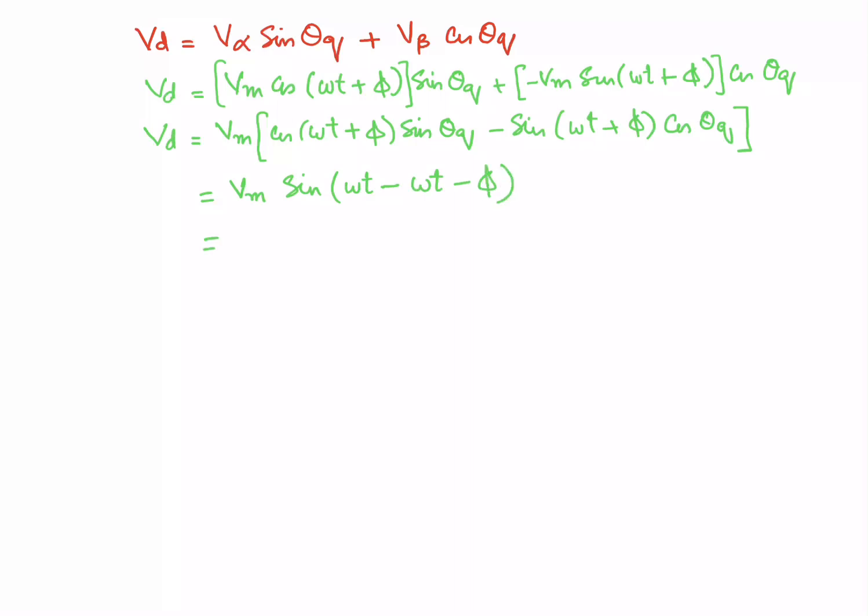So this can be written as Vm into sine of minus phi, and finally we can write that this d component will be equal to minus Vm into sine of phi, right. So this is the d axis voltage. So now we have translated from the alpha beta frame of reference to the dq frame of reference.